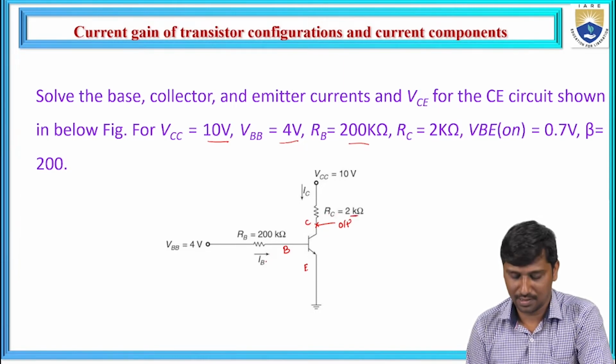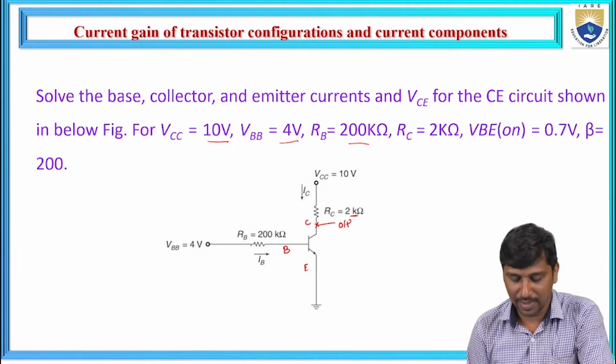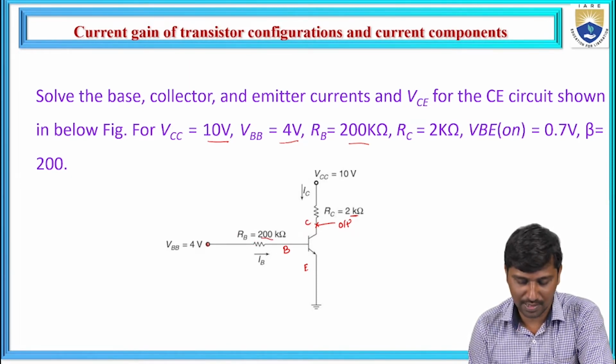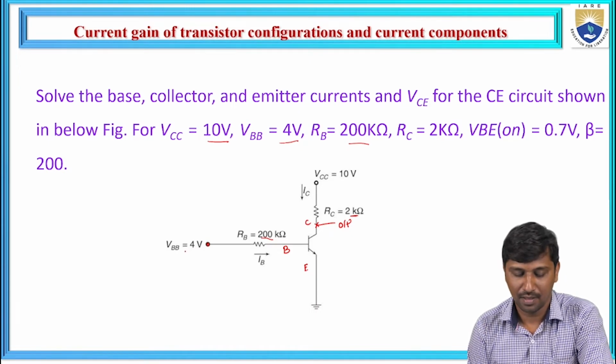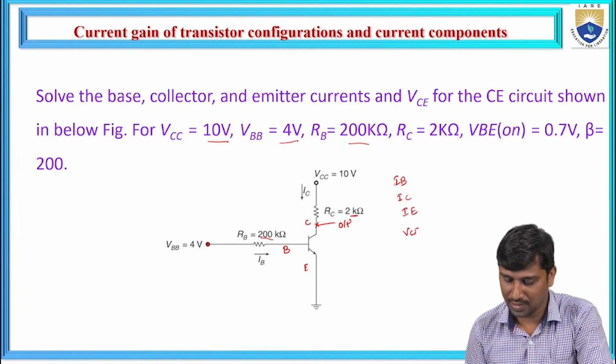The base is the input and it allows the base current. Here the biasing resistance is 200 kilo ohms, with a biasing voltage of 4 volts. Now we need to find the base current, collector current, and emitter current along with the VCE parameter.